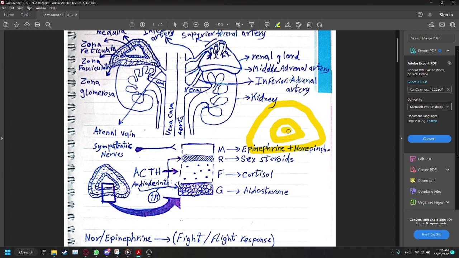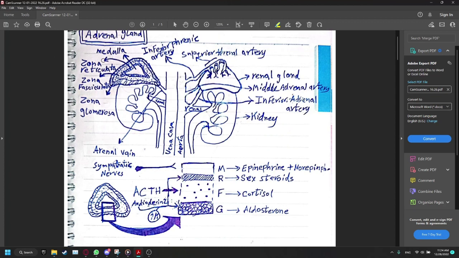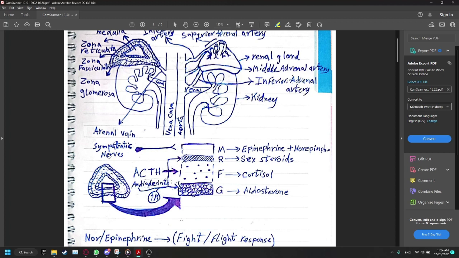So basically, we have the medulla here and the cortex. The cortex literally lies over here. The medulla is important because it produces epinephrine and norepinephrine. What are epinephrine and norepinephrine?